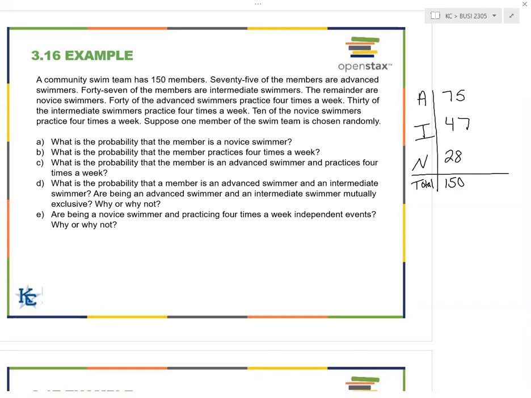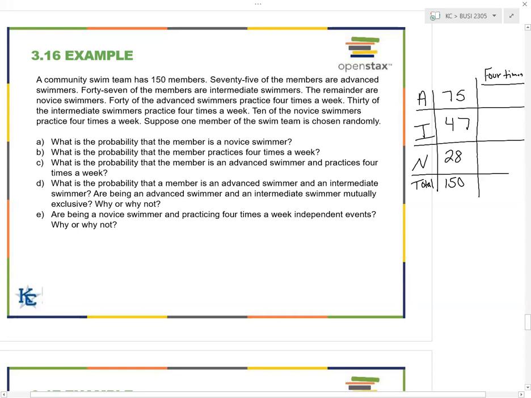So then, practicing 4 times a week. Again, I'm going to look: 40 of the advanced swimmers practice 4 times a week, 30 of the intermediate swimmers practice 4 times a week, and 10 of the novice swimmers practice 4 times a week.